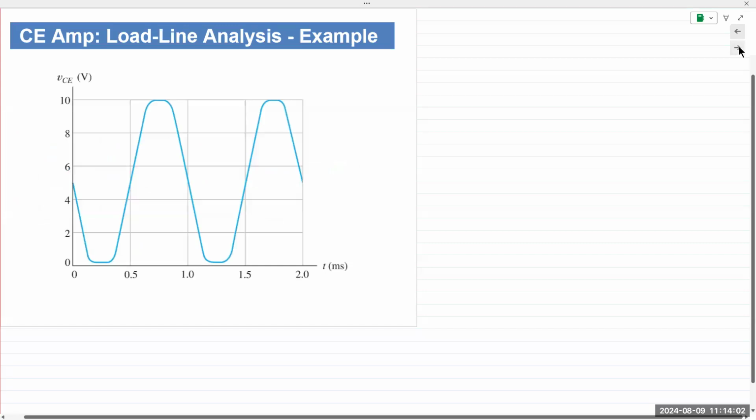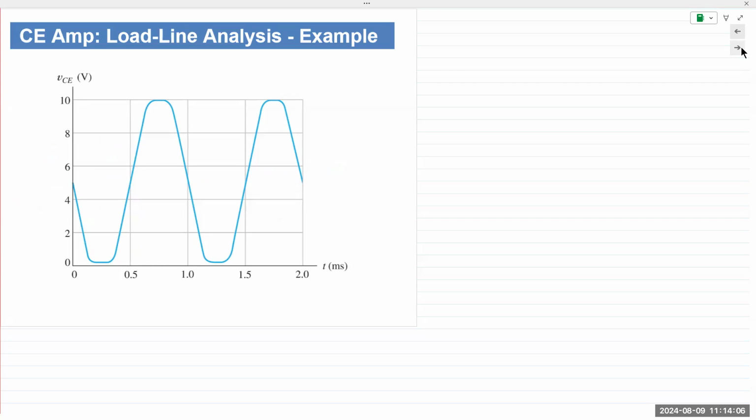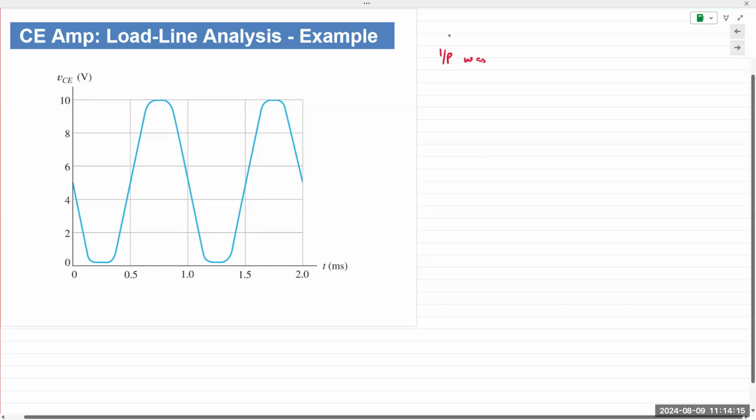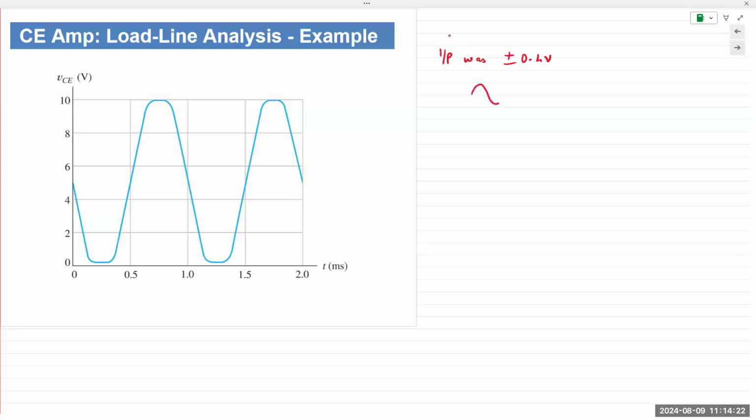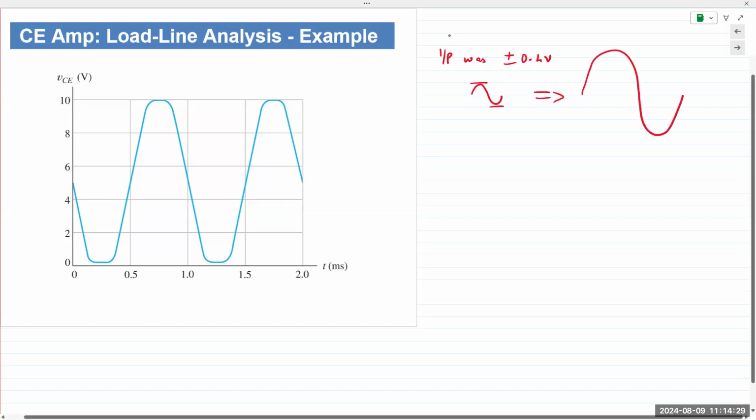But as I was talking about the distortion, or driving the transistor into saturation and cutoff, the example is here. If you apply the standard input, which was plus minus 0.4 volts, we obtained the output that went from 3 to 7 volts, right?